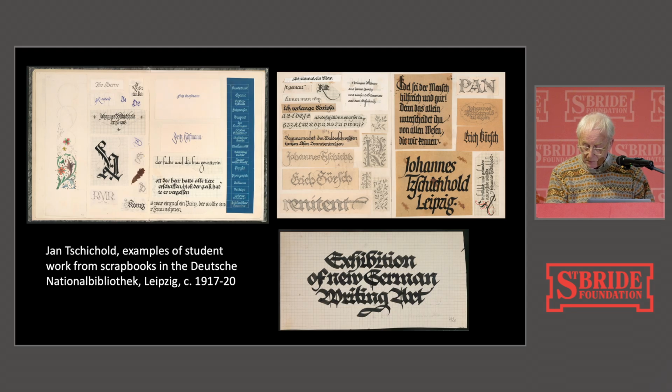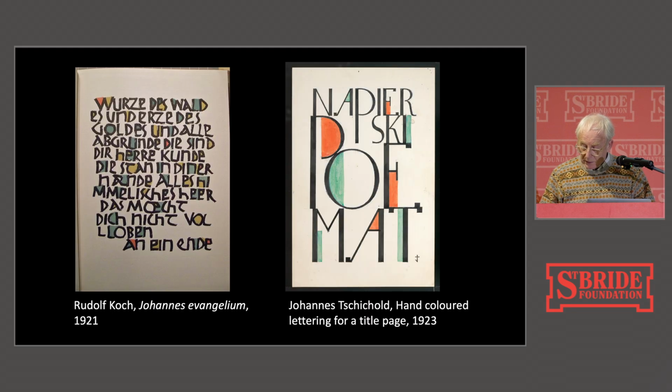In an even more explicit debt to Koch's recent work, in 1922 to 23, Tschichold began using colour washes in the bowls and loops of his hand-drawn letterforms, as Koch had begun in his evangelist books of 1920 to 21.